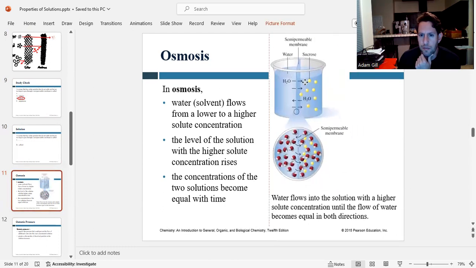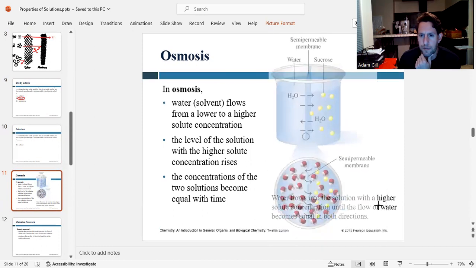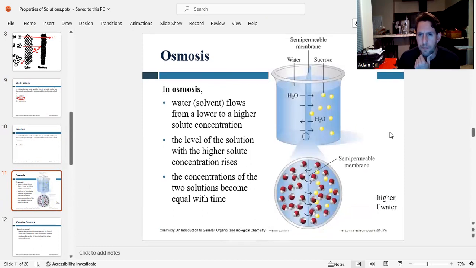And so let me zoom this in so we can see it a little better. Imagine this wafer here in the middle of the beaker is a semi-permeable membrane, meaning the solute particles can't get across, but water molecules can because the water molecules are small enough.